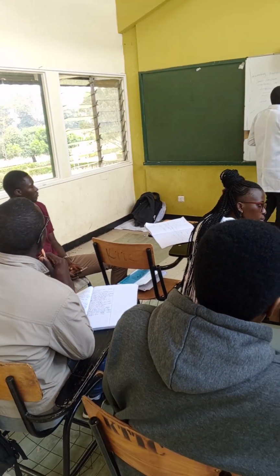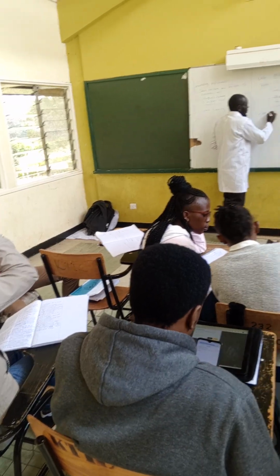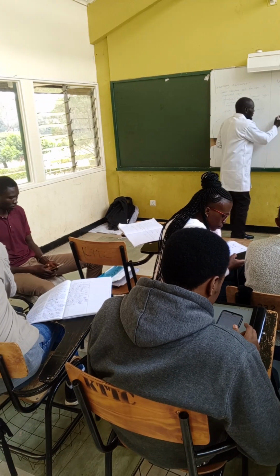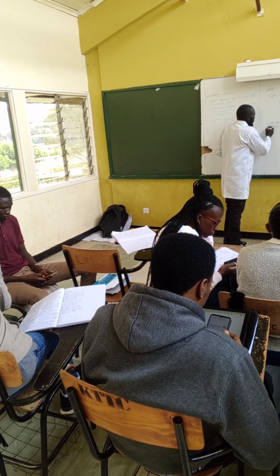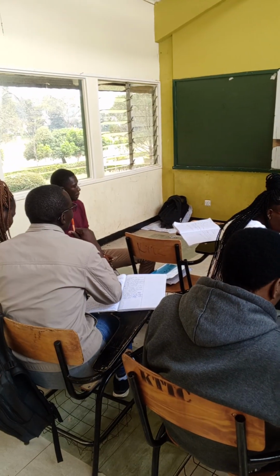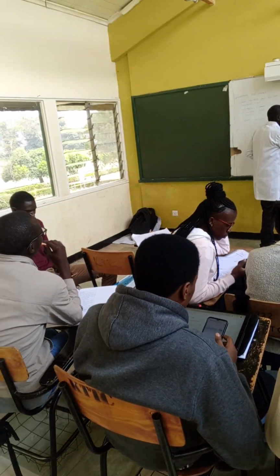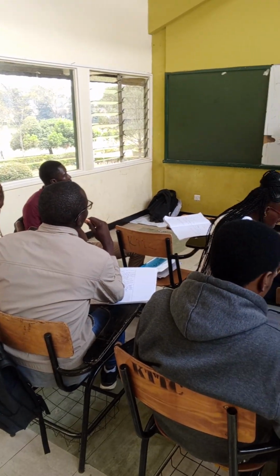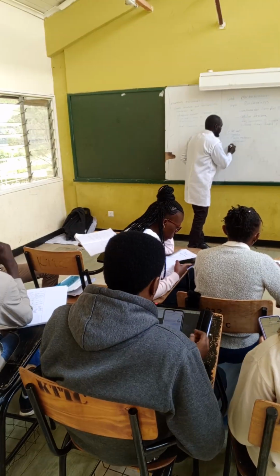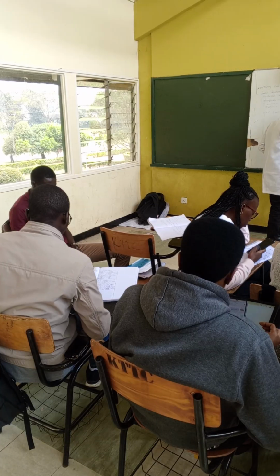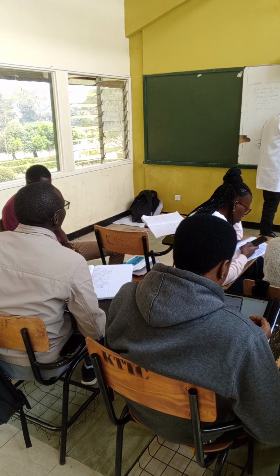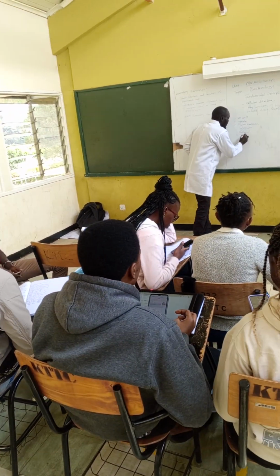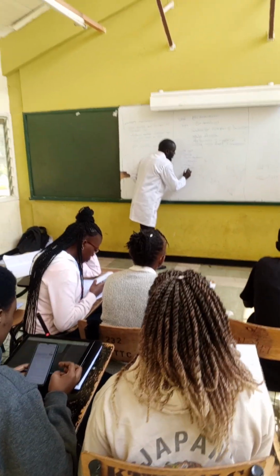We have a cell wall, the capsule, plasma membrane, cytoplasm, nucleus. Then we have a very important one, flagella. So that is for group 1.